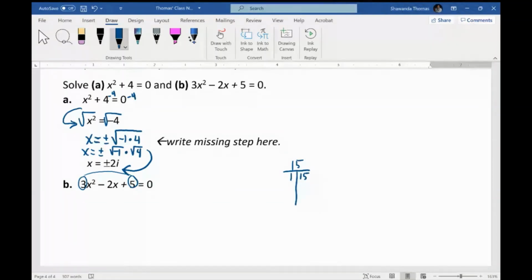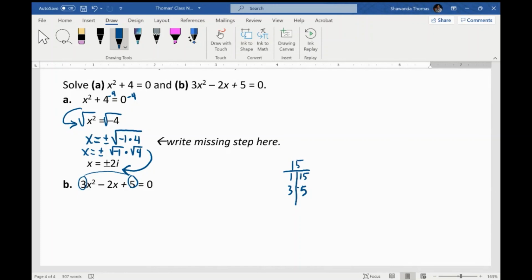What else we got? 3 and 5. Will it work? Where will we have to put negatives? Y'all see it would not work.